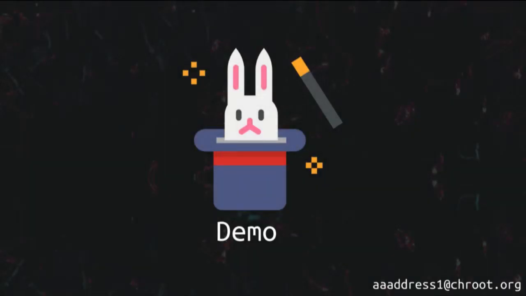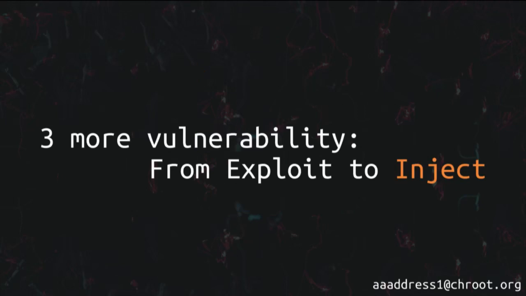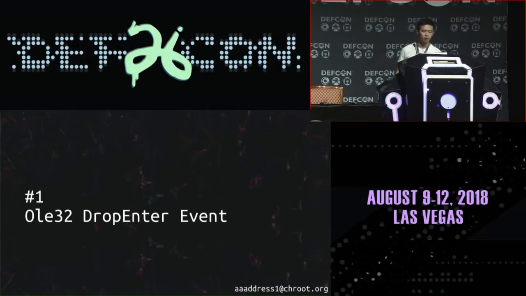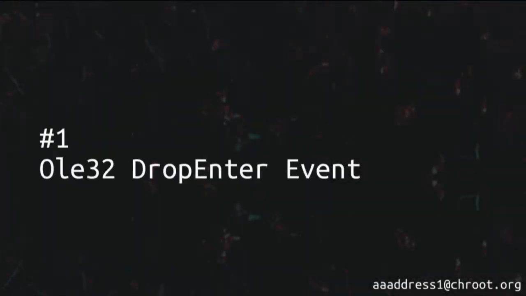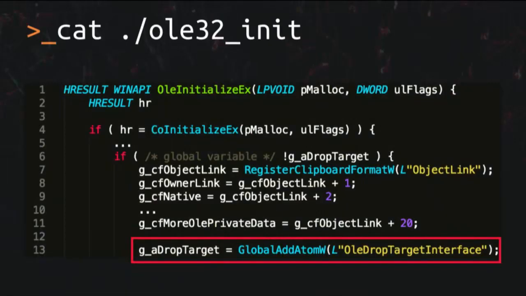Okay, so there are three more vulnerabilities we are talking about next. The first one is the OLE drop enter event, and what it is. If you do some reversing, you will see code like this on the screen.